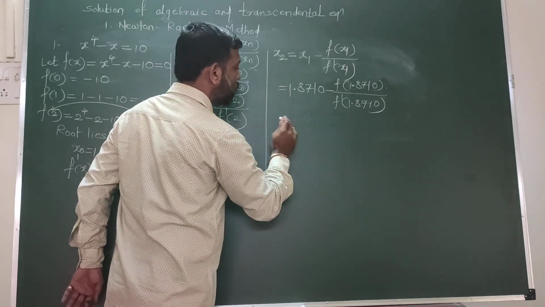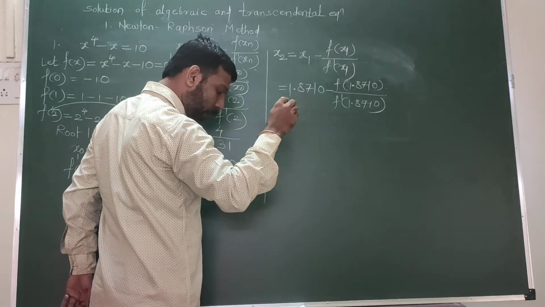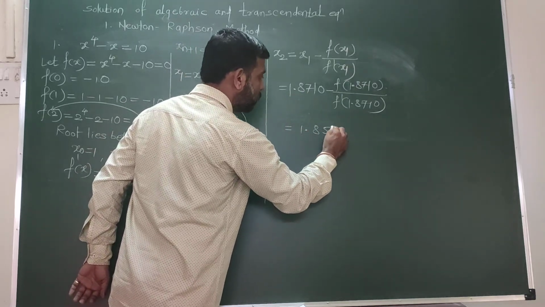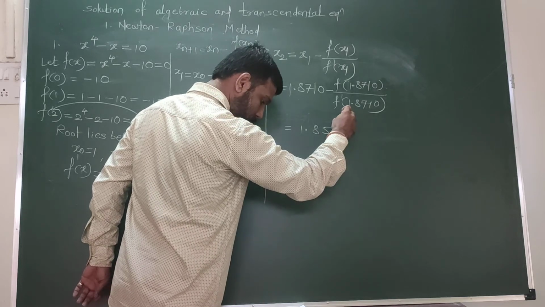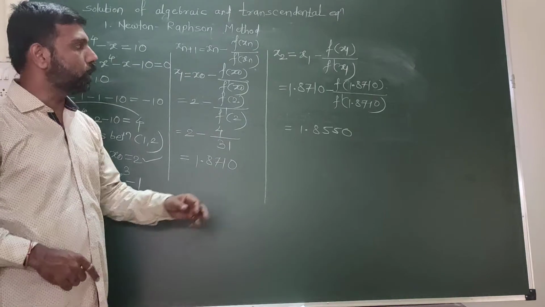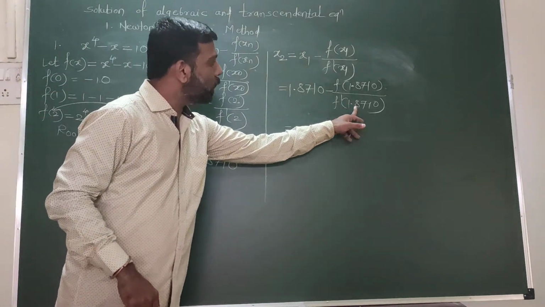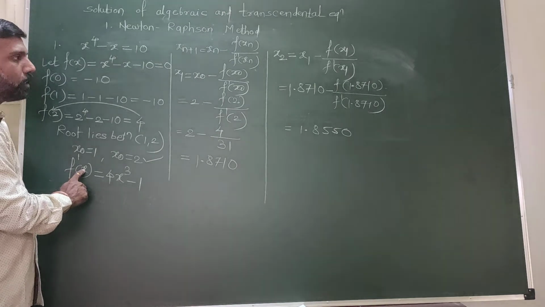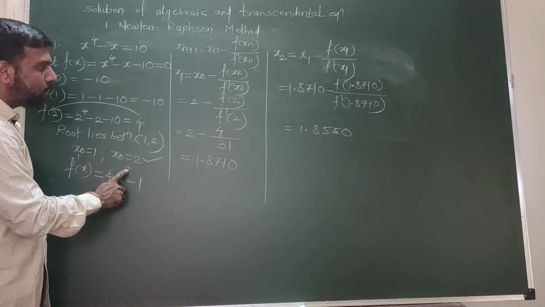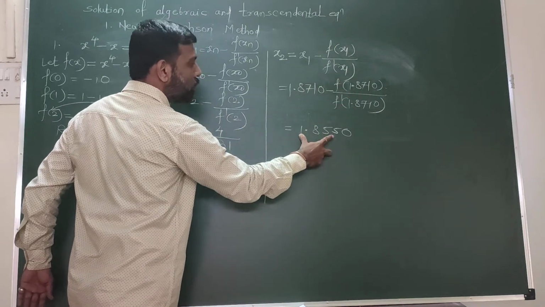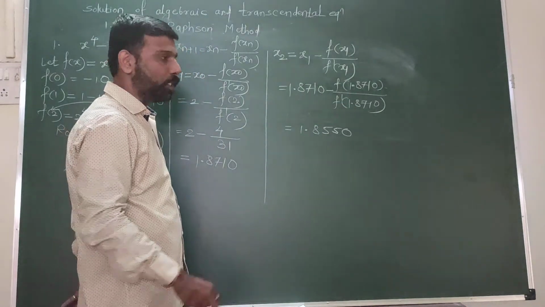After the calculation, this becomes our second approximation, 1.8550, so this is our x2 approximation.